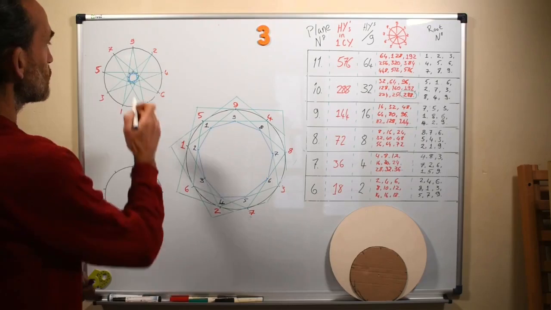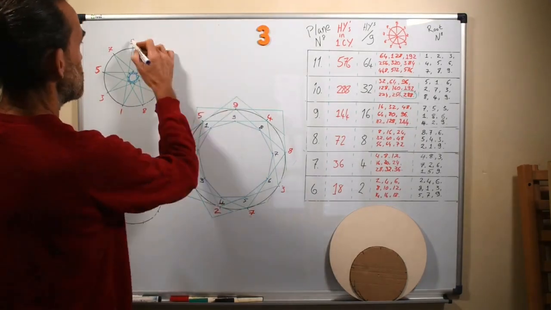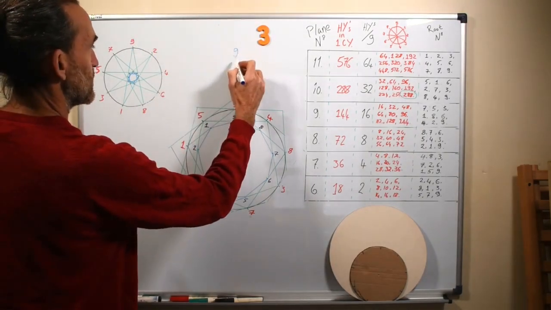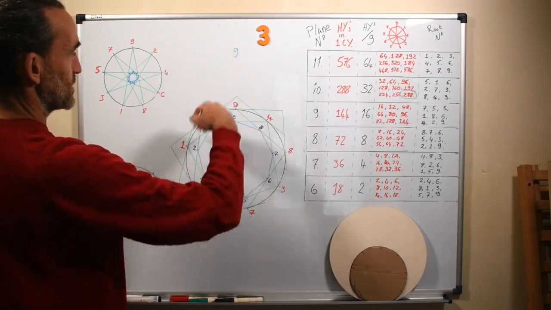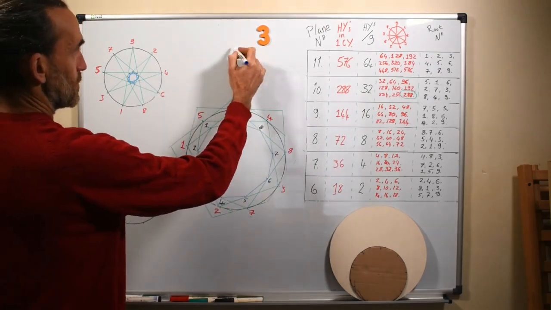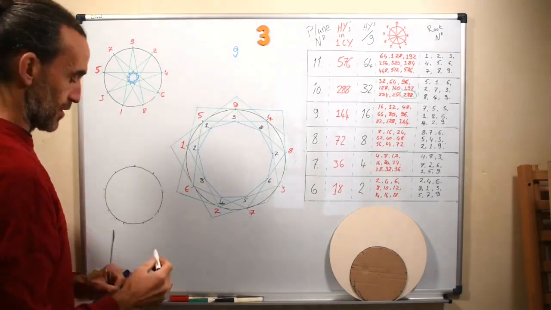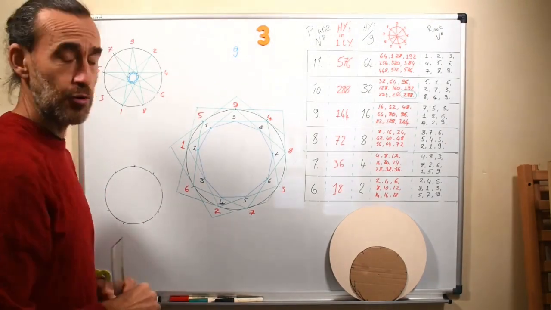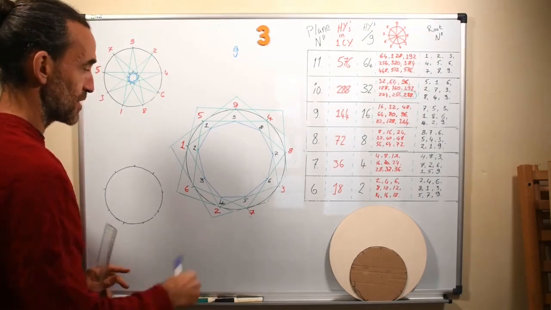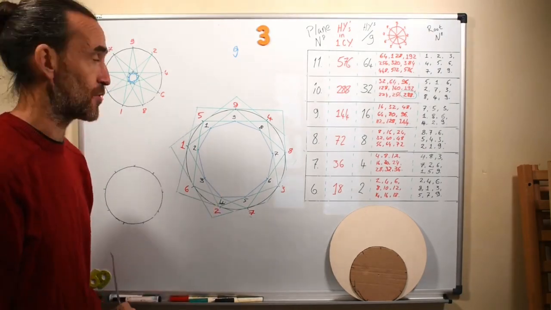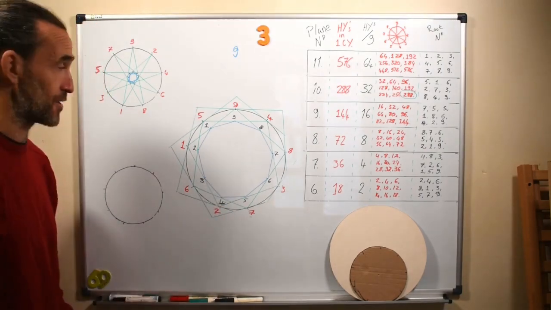So remembering here, we also had this 9 up here somewhere. We've got our 9, our 9, our 9 of the 3 points of the 9-pointed geometric forms, because now we're not talking about a star anymore, we're talking about a 9-sided polygon.